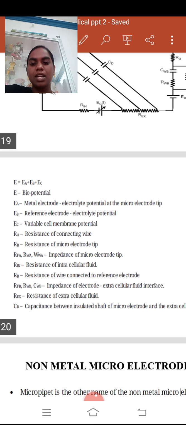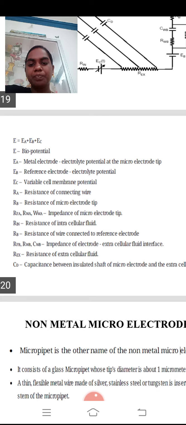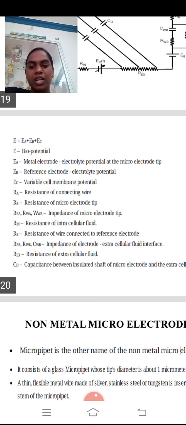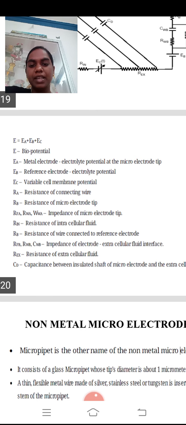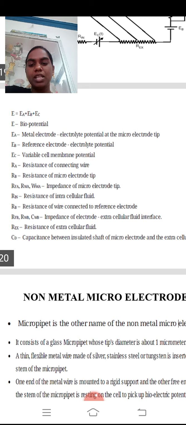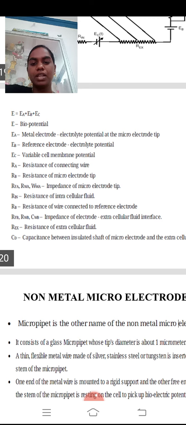RFA, RWA, CWA is the impedance of the microelectrode tip. RIN is the resistance of intracellular fluid. RB is the resistance of the wire connected to the reference electrode. Then RFB, RWB, CWB is the impedance of the electrode-extracellular fluid interface.